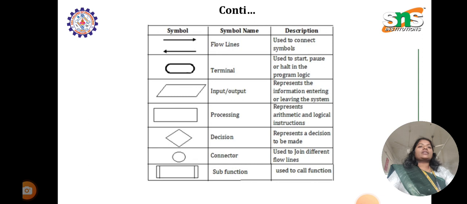The next symbol is used for input and output, representing the information entering or leaving the system. Then the processing symbol represents arithmetic and logical instructions. The next symbol is the decision, which represents a decision to be made. Then the connector is used to join different flow lines. The next symbol is for subfunctions, used to call a function.